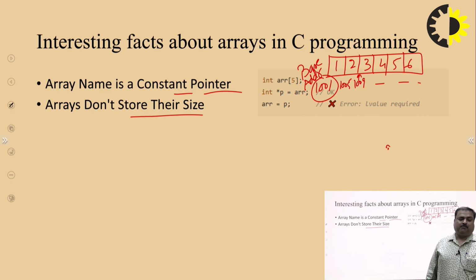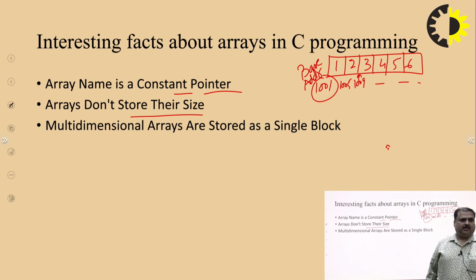That means if by a logical mistake we traverse beyond the array, this is possible in C programming. For example, if the size of an array is 5 and I access A[5], that would be the sixth element, because indexes go from 0 to n minus 1. C will not give an error for that.